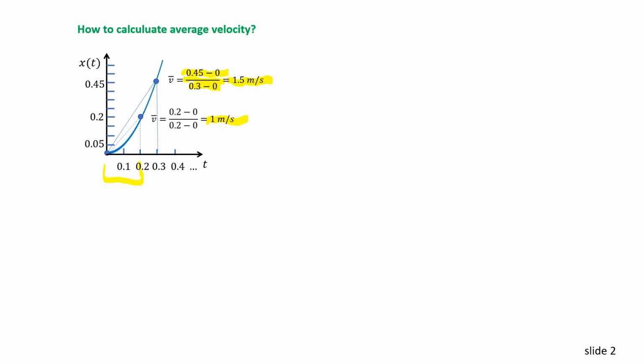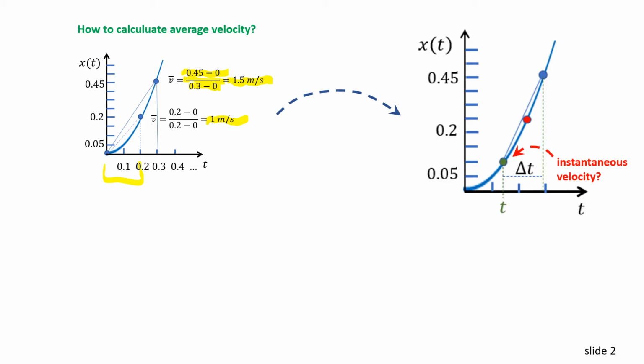Now, let's see just how this can help us find the instantaneous velocity. So you pick a time, t, this green point. What is the instantaneous velocity at that time point? So to do that, we can use this green point as our starting point.